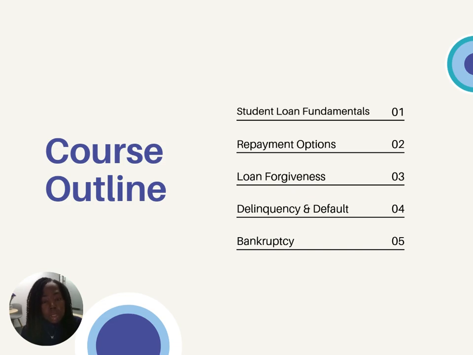And in week 2, we talked about repayment options and the best strategy for your needs and your circumstances. Last week, I discussed loan forgiveness options. Tonight, I'll be discussing delinquency and default. And next week, I will talk about how to discharge a student loan in bankruptcy.